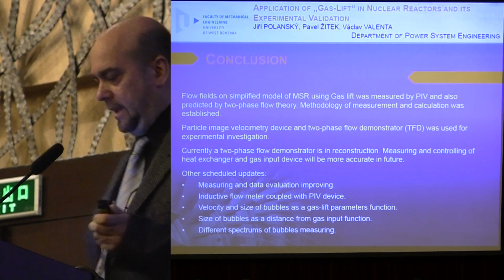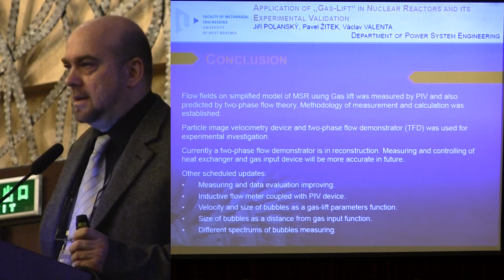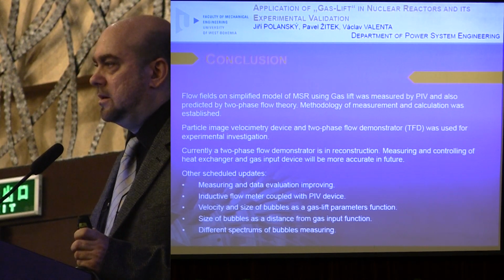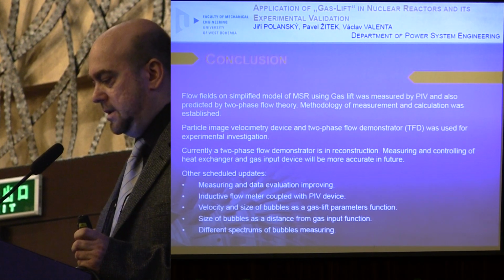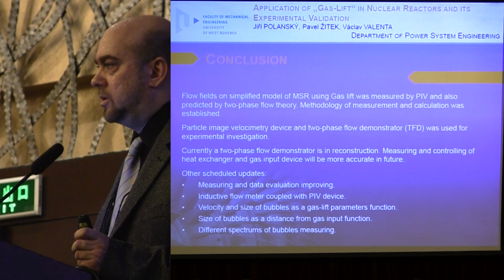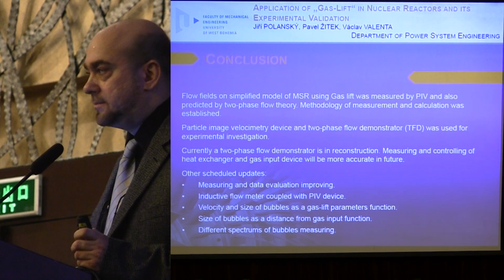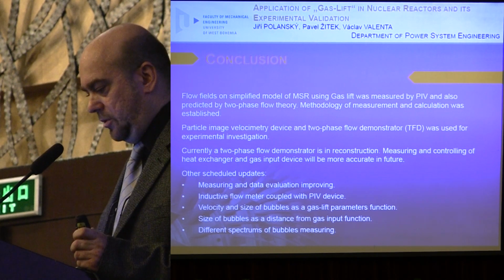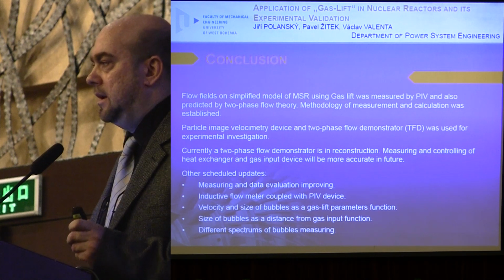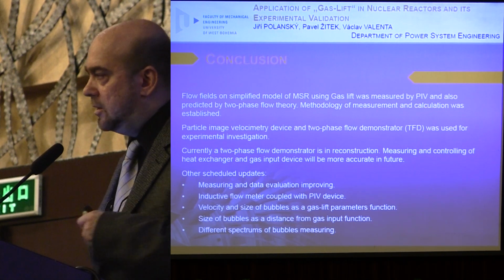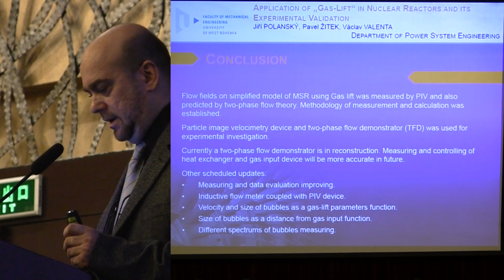phase flow. Well, conclusions. We can say we are able to measure two-phase flow. We are able to control the size of the bubbles at input. We have to improve the measurement. We have to improve the gas input to obtain a homogeneous input.